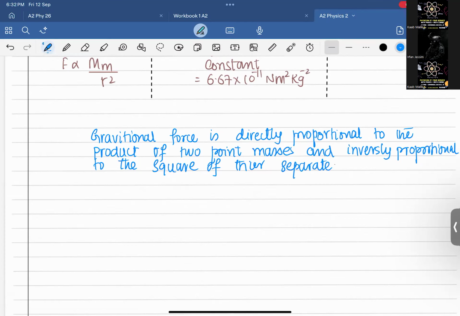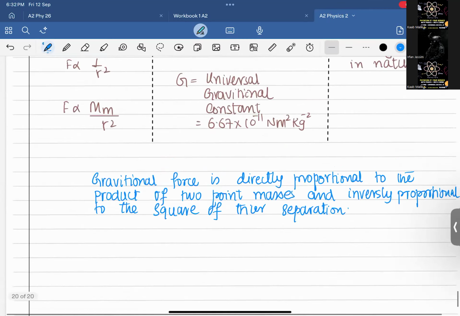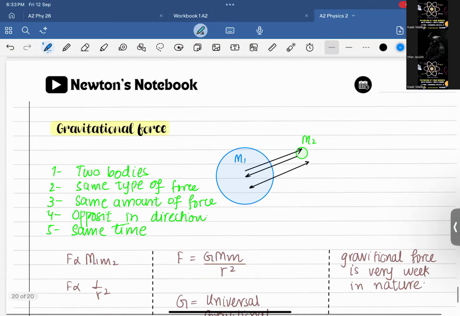This is the Newton's law of gravitation.